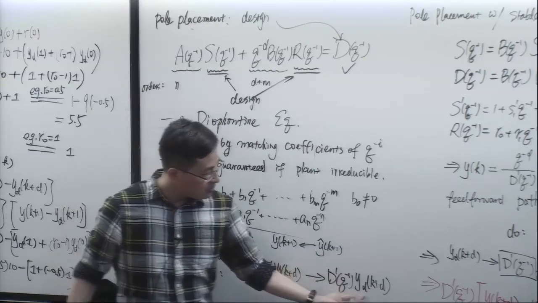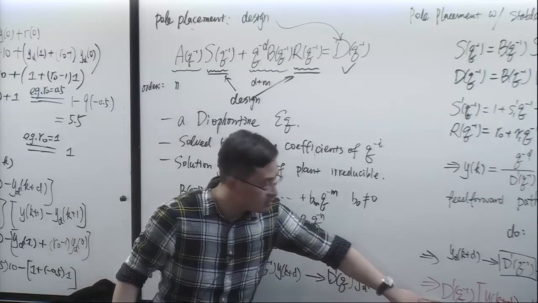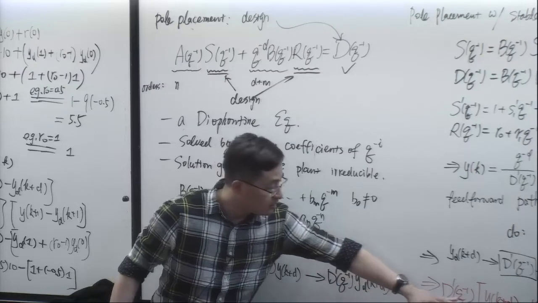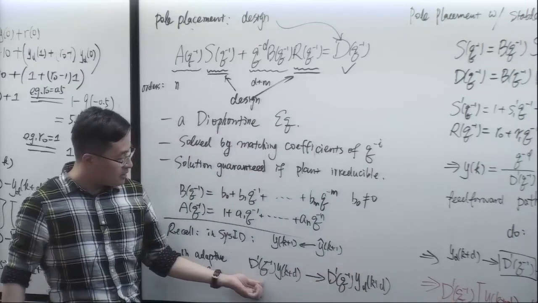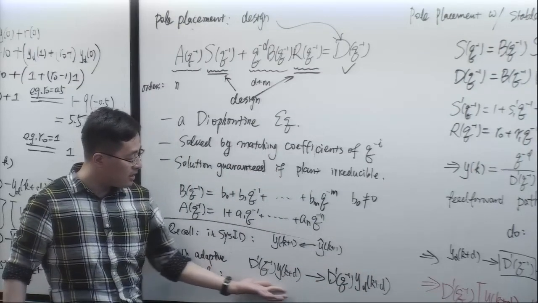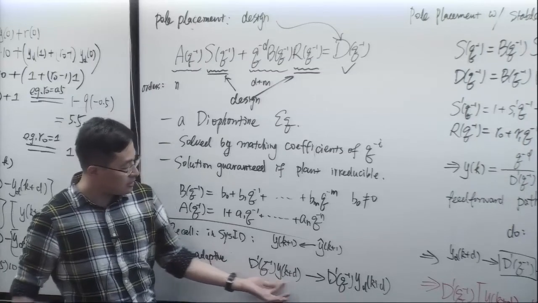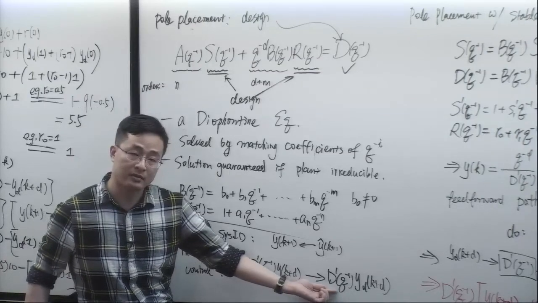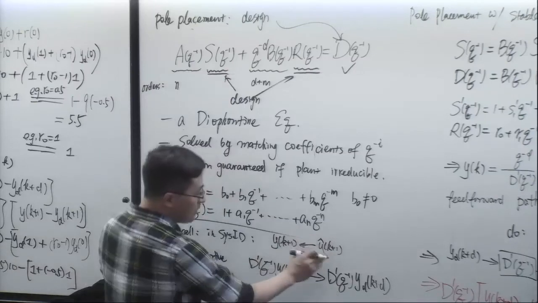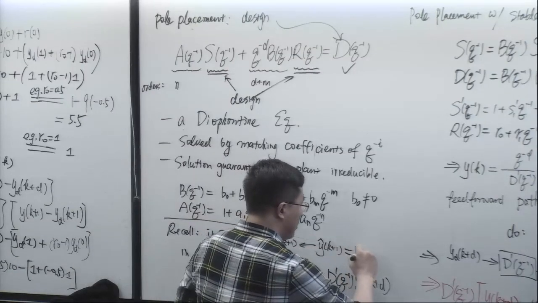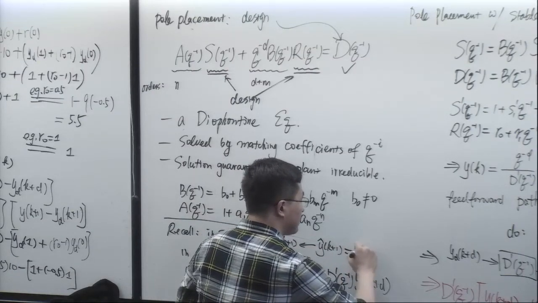And the principle of our adaptive control should be, this is the ideal case, it's going to match. And then in reality, if it doesn't match, we're going to design the adaptation such that this will converge to that. And then in system ID, this is how we characterize the regressor vector.